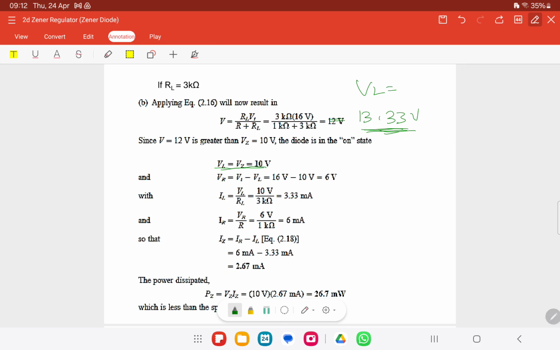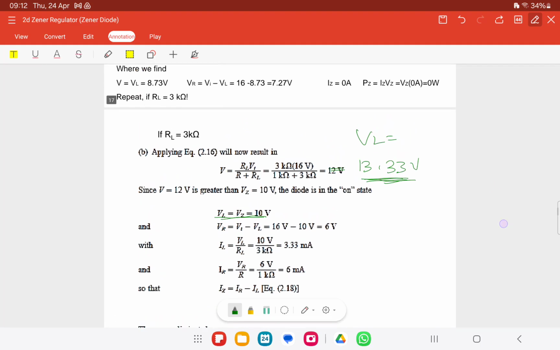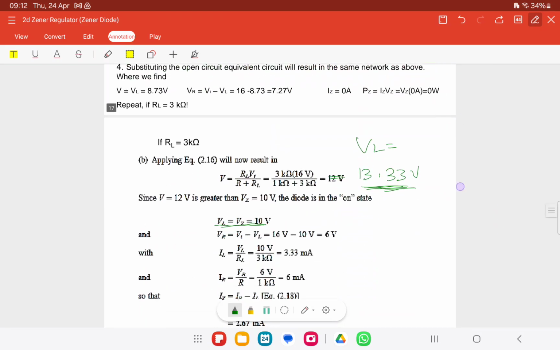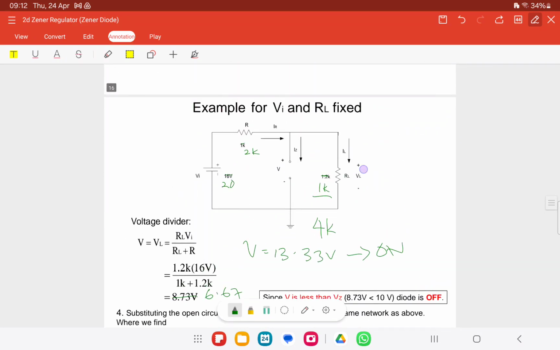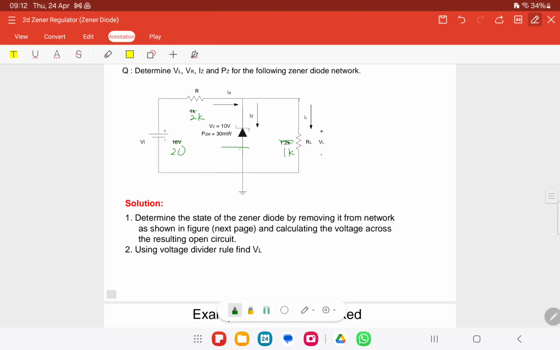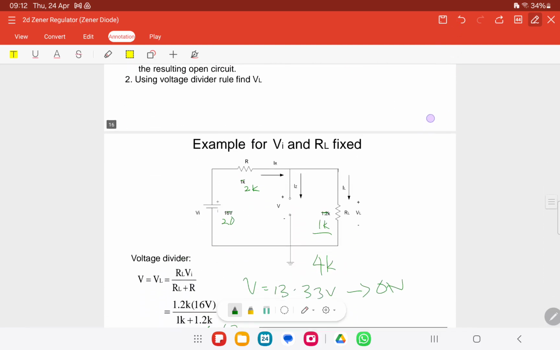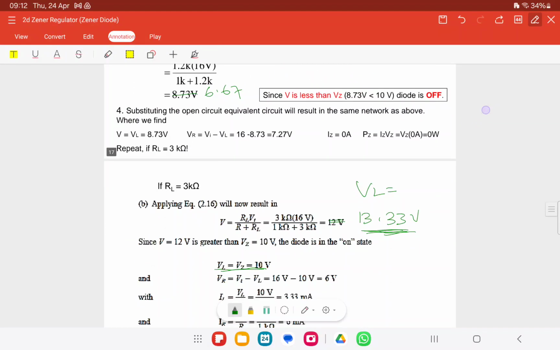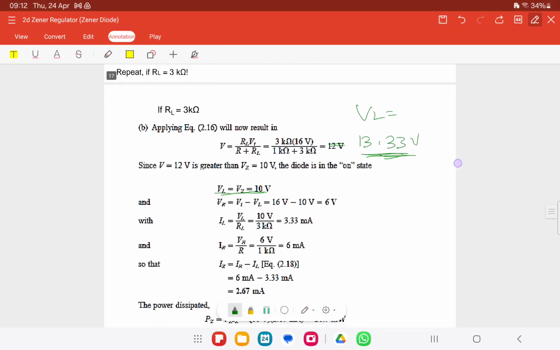So here V equals 10. Did we change VZ? No, we did not, so you just maintain VZ equals 10.